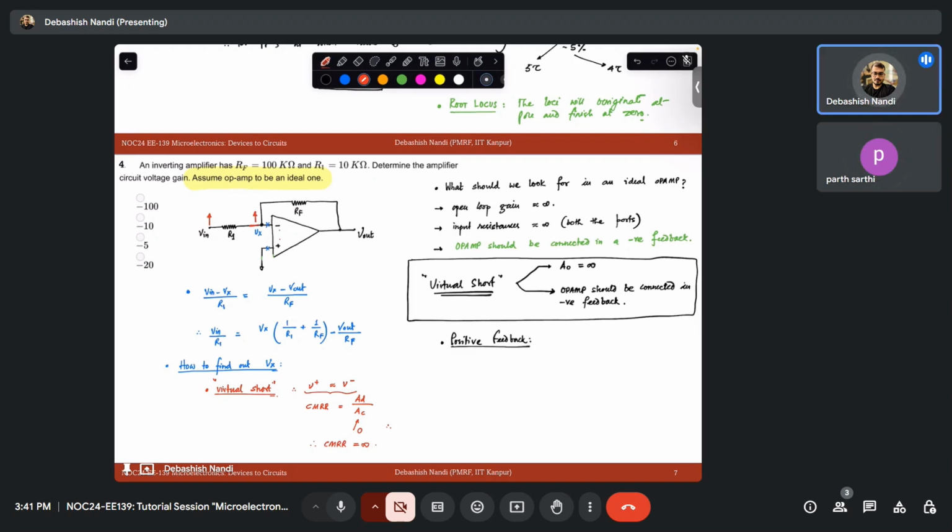So the difference is decreasing, that means this voltage is decreasing. Now if this voltage is decreasing and this voltage is increasing, more current will flow from this place to this place. So this will pull down the voltage at this point. So you see that at this node there is an opposite scenario, meaning it is not allowing this Vx or V minus to go beyond a certain value.